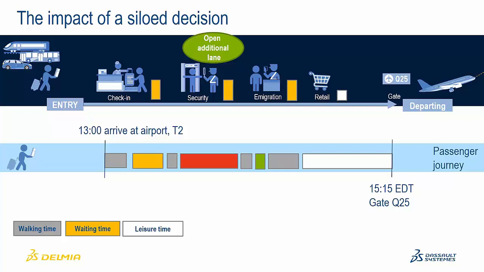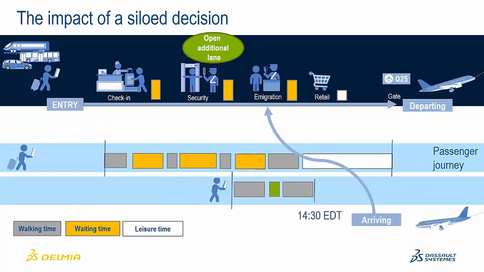So if you just increase capacity at security while not looking at immigration, that could end up with the passenger still having the same process time until he or she reaches the departure lounge. So what we have actually done is increase the cost by adding additional resources at security. However, the overall experience has not improved at all.